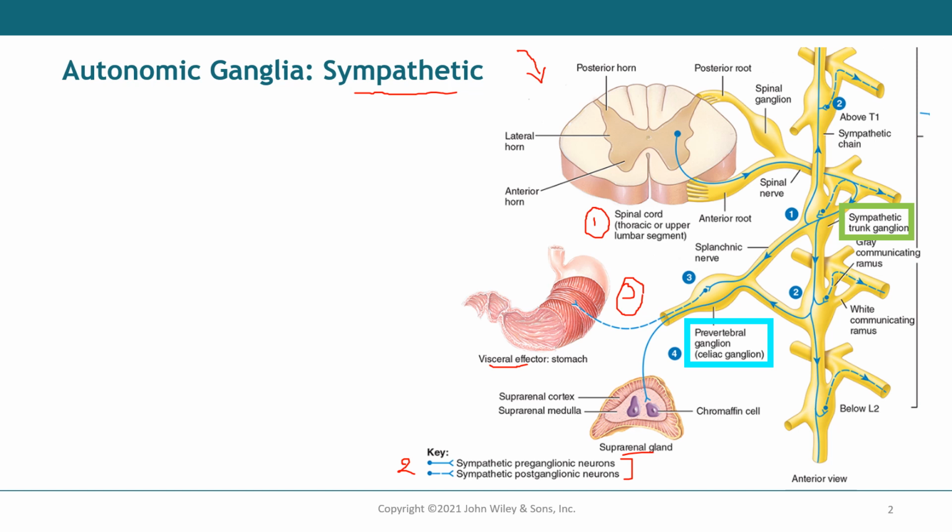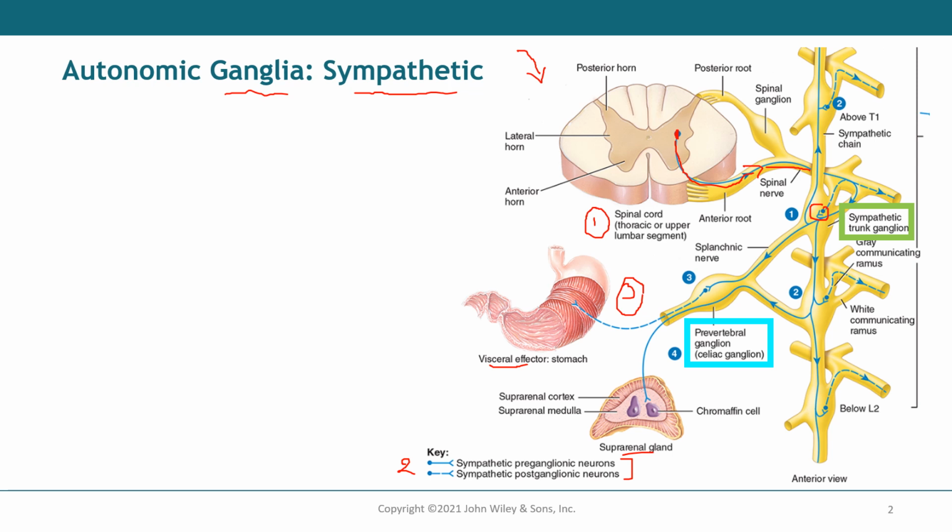In particular, now we're talking about ganglia. A ganglion, if you remember, is a collection of cell bodies, in this case from the postganglionic neuron. Everything starts here in the spinal cord. There will be an action potential that goes through the preganglionic neurons, and then they will reach the intersection between a preganglionic and a postganglionic neuron.